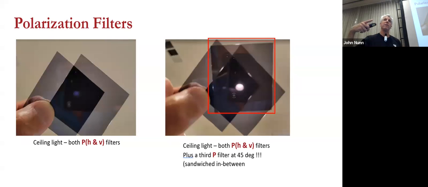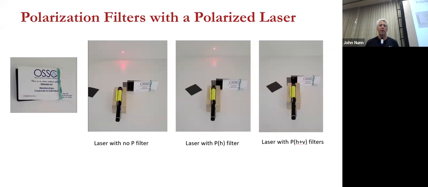But if you put another polarizer at 45 degrees to the other two, then light comes through it. So that polarizer in the red square is actually 45 degrees from the other two. So light goes through, so it's making that disturbing measurement. That's very disturbing, right? And you can do the same thing with lasers.